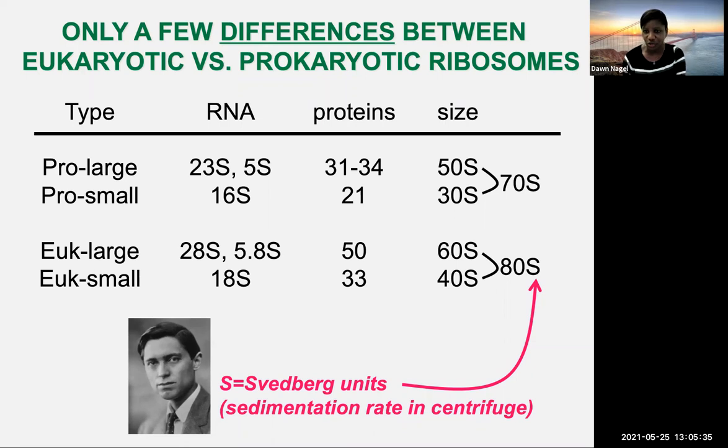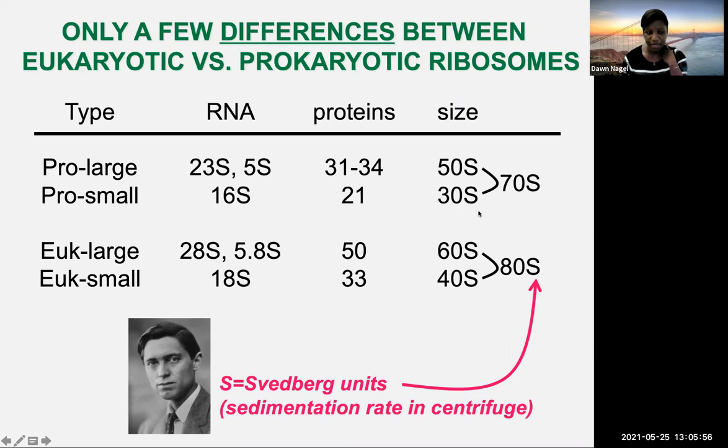So it's a measure of sedimentation, how quickly it gets to the bottom. Also, the size of each of these subunits is not proportional to the mass. So that's why 50 plus 30 doesn't equal 80. When they combine together and you spin them down, this is the estimated speed at which they will sediment.